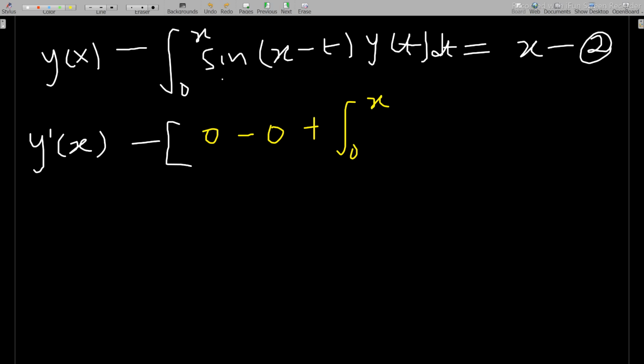When you differentiate sine, you get cos, cos of everything inside, and we differentiate everything inside with respect to x, and we get 1, because you have only x minus t. When you differentiate this with respect to x, you get 1 minus 0, so you get 1. I hope you understand this. So then y of t dt.